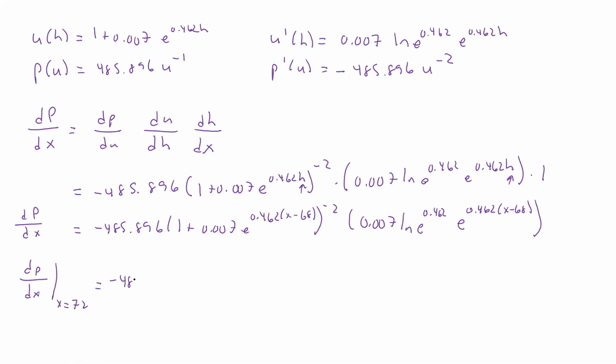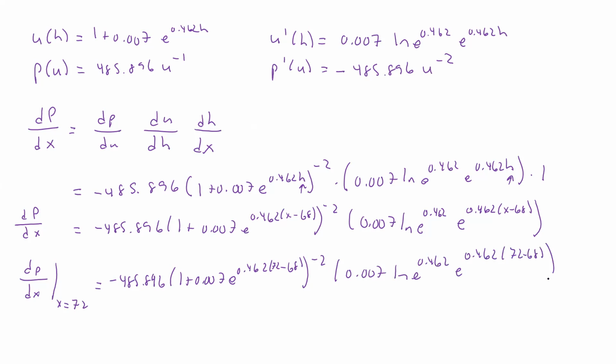So it's a negative 485.896 times 1 plus 0.007 e to the 0.462 times x minus 68, and to the negative, oh, that was 72, not x now. And it's to the negative 2, and 0.007 ln of e to the 0.462 times 72 minus 68, and there.